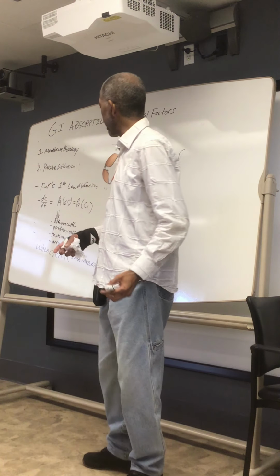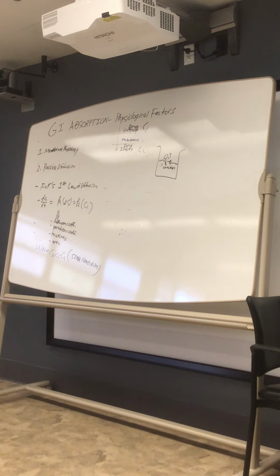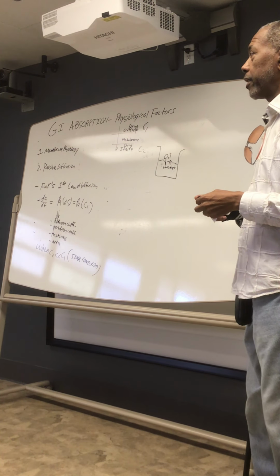Is K constant or is K changing? K is a constant, a proportionality constant or first order, we could just call it a diffusion rate constant. In my notes, I just have proportionality constant, but it's pretty much the same as the first order rate constant. Would that constant be the same for all drugs? No. Good, very good.